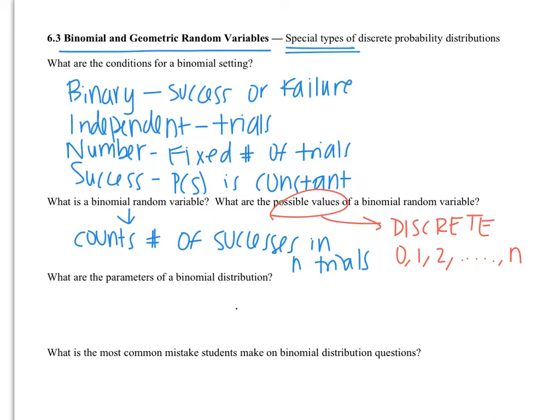So the parameters for a binomial distribution, there are 2 parameters. N is the number of trials. So by parameters, I mean how do we define the distribution? So a binomial distribution is defined by the number of trials, and then P is the probability of success.